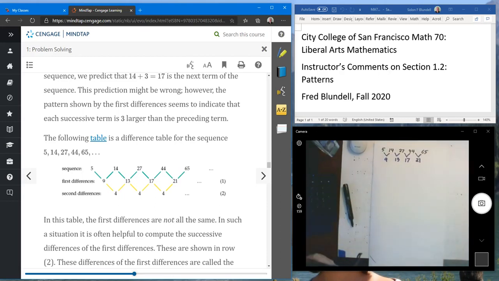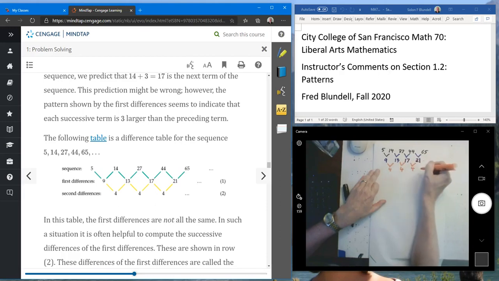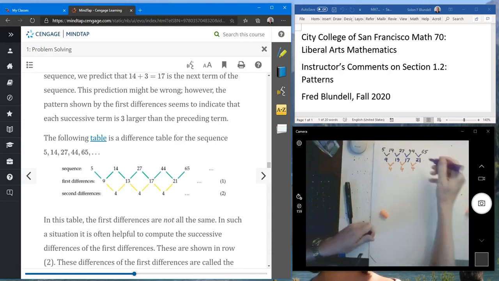So the differences are not the same every time. Okay, but if you go one more step, we're going to say now they are the same. So 9 plus 4 is 13, and 13 plus 4 is 17. So these ones go on. So if I wanted to predict the next number, that problem is easy enough.